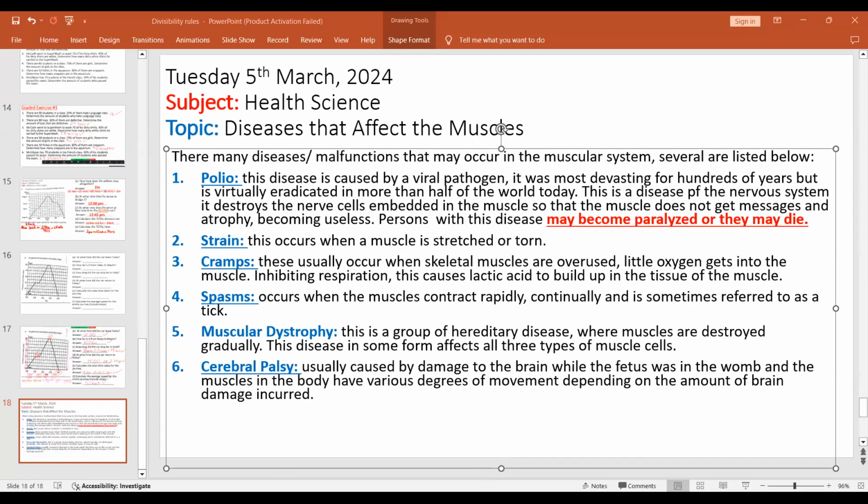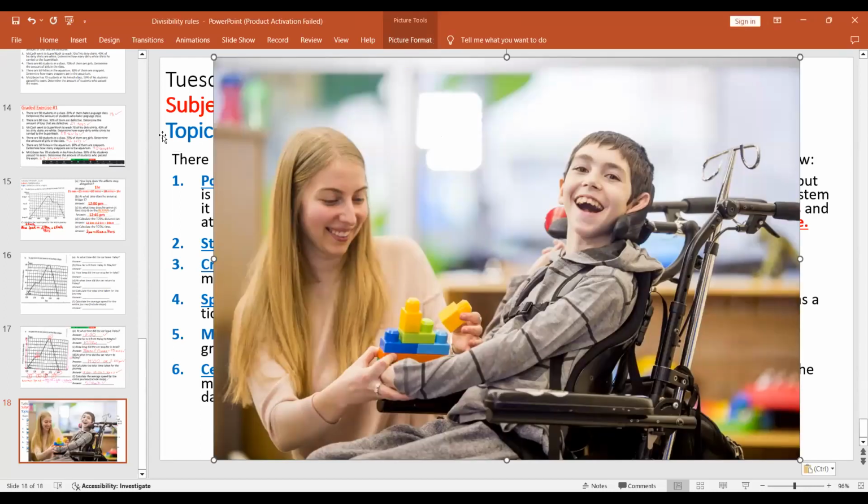They're going to be in a wheelchair because the brain is not functioning properly. So that means that it cannot tell the muscles to work and operate. So looking at something like this is someone who has cerebral palsy. As you can see, they are limited to the wheelchair and they can't control their muscles. All right.